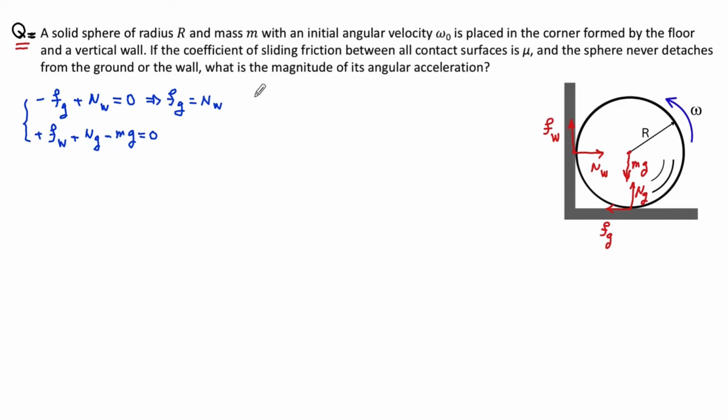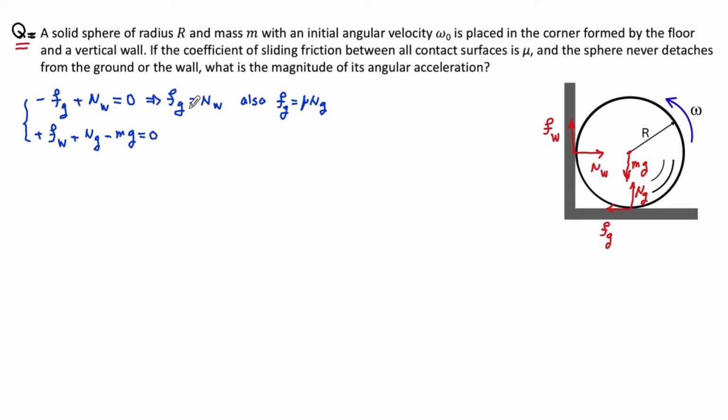On the other hand, we also have from the friction lecture that Fg is proportional to the normal force. So Fg, and the proportionality is the coefficient of friction, mu times Ng.